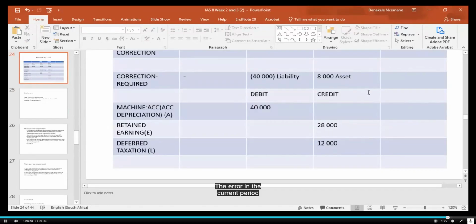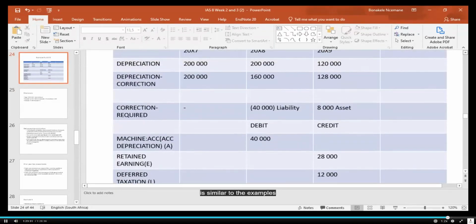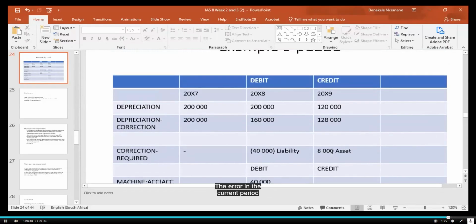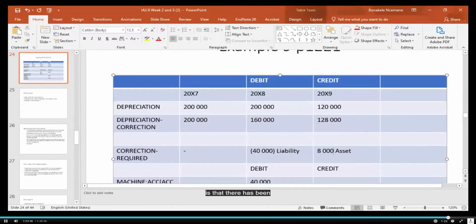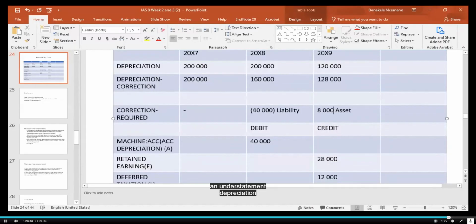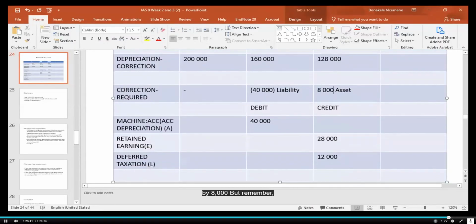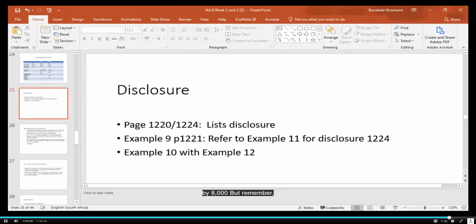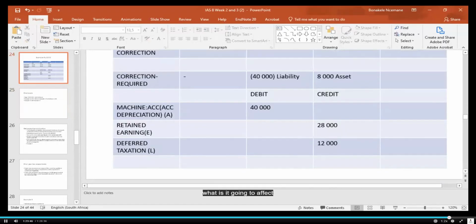So the error in the current period is similar to the examples that we just performed. The error in the current period is that there has been an understatement of depreciation by 8,000. But remember, because it's the current period, what is it going to affect? Our retained earnings or our statement of comprehensive income?